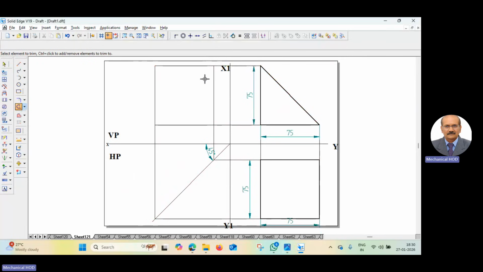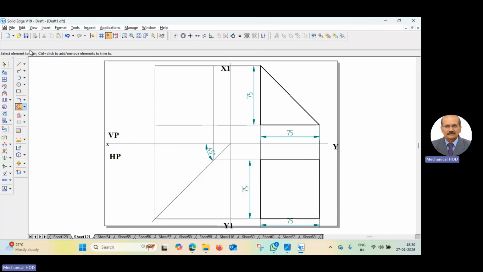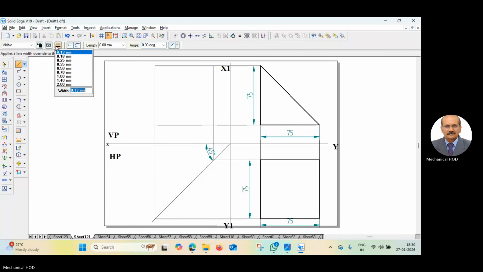In the side view, what you can see is this. We don't know the dimension, just make this line dark. We get the side view by projecting. We don't need to measure it. This is the side view.